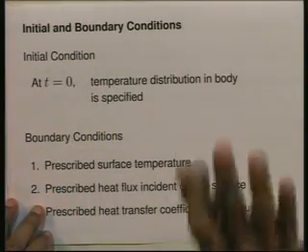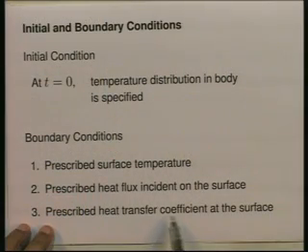Or we specify the heat flux which is falling on the surface of the body. Or we prescribe the heat transfer coefficient at the surface of the body. These are the three types of boundary conditions which we normally deal with: a prescribed surface temperature, a prescribed heat flux incident on the surface, or a prescribed heat transfer coefficient at the surface of the body.